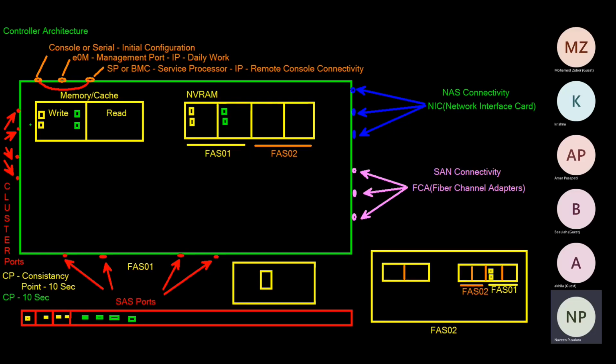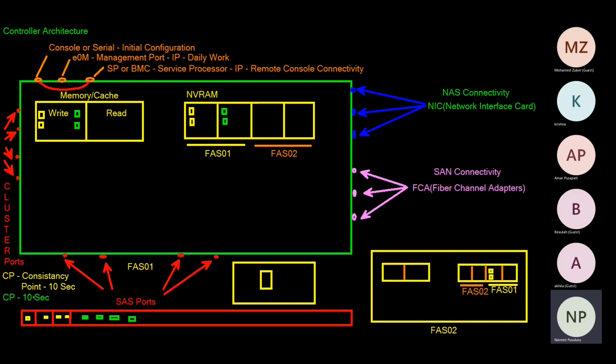Initially, it will be saved in the memory, the local controller NVRAM and the partner controller NVRAM. How long will it be saved in just memory and NVRAM? Till 10 seconds.